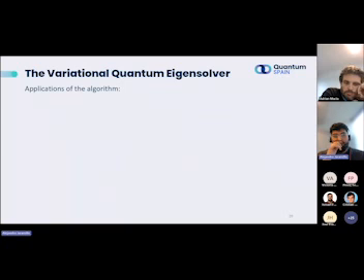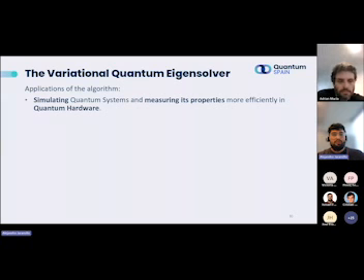And there are really a lot of applications to these algorithms. The first and most obvious is to simulate quantum systems directly and measure their properties more efficiently in quantum hardware than we could do by simulating them numerically in a classical computer.